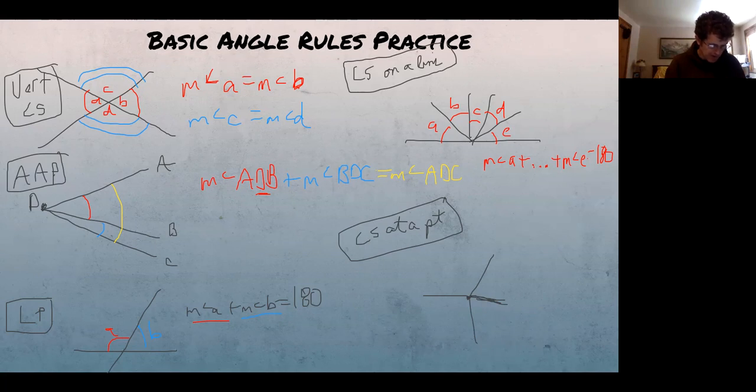So now I've got all these angles right here, A, B, C, and D. And here's the basic idea. All these angles, because we're going around a point, 360 degrees, all have to add up to 360. So measure of angle A plus the measure of angle B plus the measure of angle C plus the measure of angle D all add up to 360 degrees.